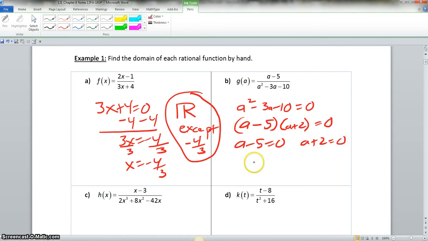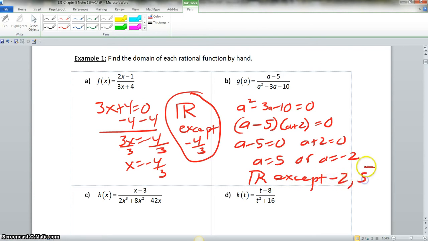So this will give us a equals 5, or a is equal to negative 2. So this would be all real numbers except negative 2, comma 5, or negative 2 and 5. So it's all real numbers except negative 2 and 5.